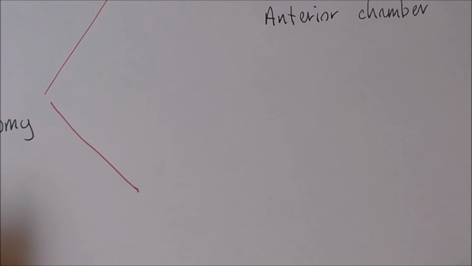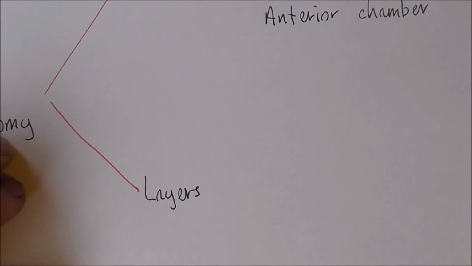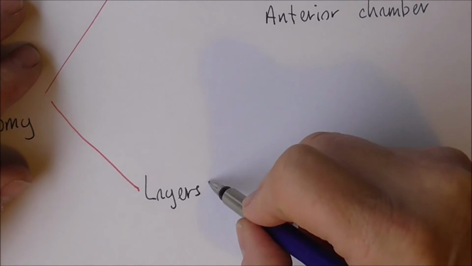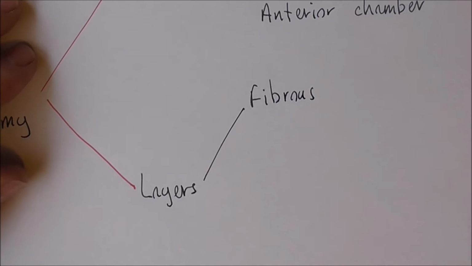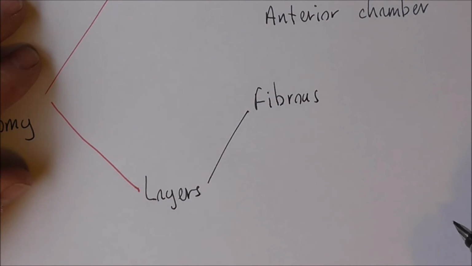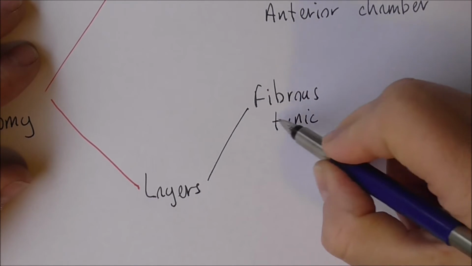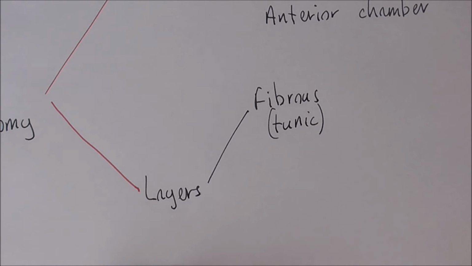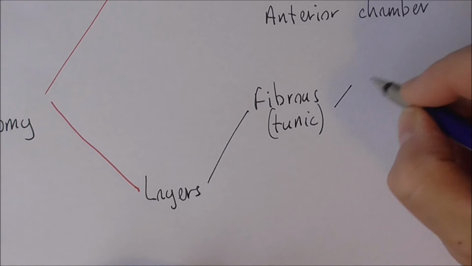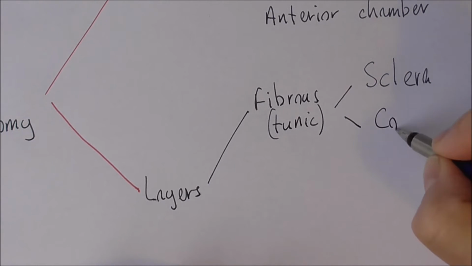Now next we come to the layers in the eye. And the outer layer is fibrous. Sometimes the layers are called tunics. Tunic just means coat or layer. So the fibrous layer consists of the sclera and the cornea.